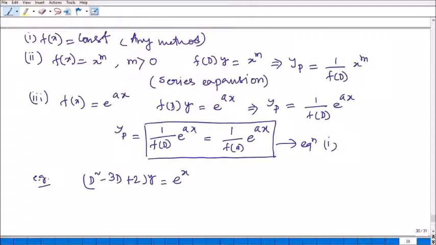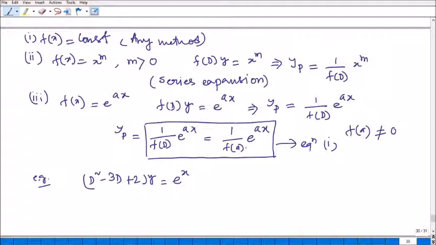Okay, one thing I should mention that here f of a cannot be equal to 0. To calculate the particular solution using this formula, here f of a cannot be 0. So if f of a equal to 0, then we cannot apply this formula.